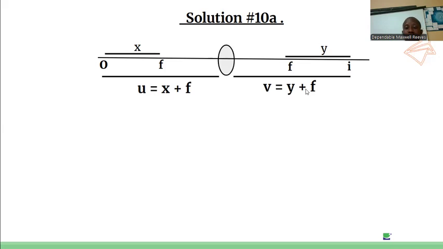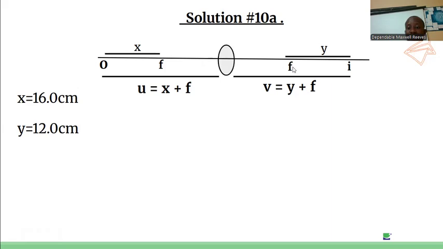Remember this. So we can now determine the focal length by using Newton's lens formula. But let us set out this first. So x was given to us as 16.0 centimeters. So x is the distance from the object to the principal focus, which is 16.0 cm. And y was given to us as 12.0 centimeters.